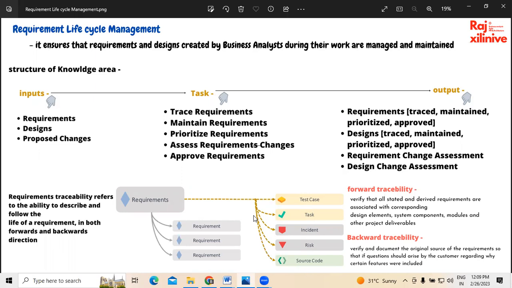Second, test case. Normally in testing there are two phases. One is manual testing, second is automation testing. What is manual testing? Manual testing means different documents will be prepared, and you don't see any tools like Selenium, Silk, WinRunner. We don't use any tools in manual testing.